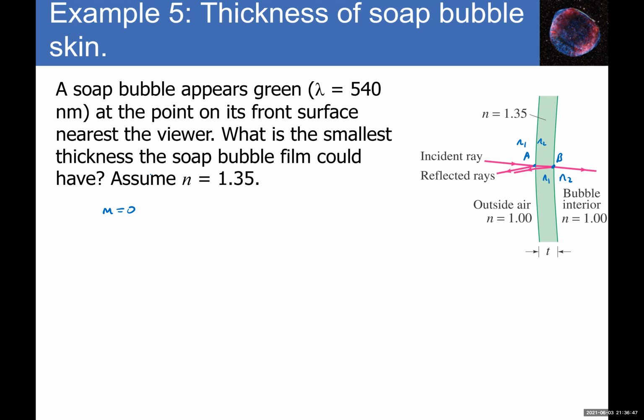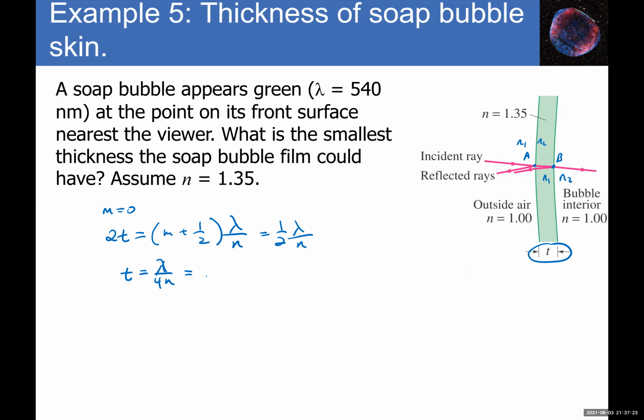Remember, we want to be able to see the green color, which means we want to see constructive interference. So 2t equals (m plus 1/2) lambda over n. Since m equals 0, this becomes 1/2 lambda over n. Solving for t, t equals wavelength over 4 times n.